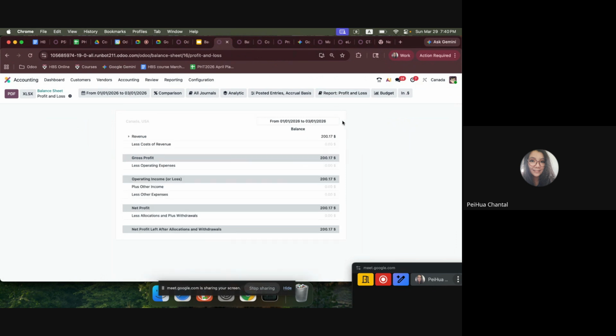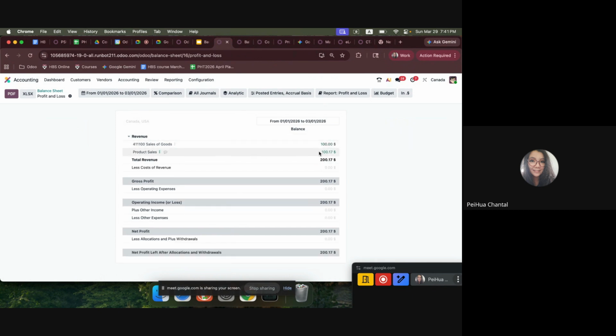Between January 1st and the end of February, for this Canada company, the conversion is one because I literally added no currency rate or imported none. That's why it's almost 1 rather than 1.1. So if I open this, you will see 100 and 100.17 because you're looking at the range of a whole two months.